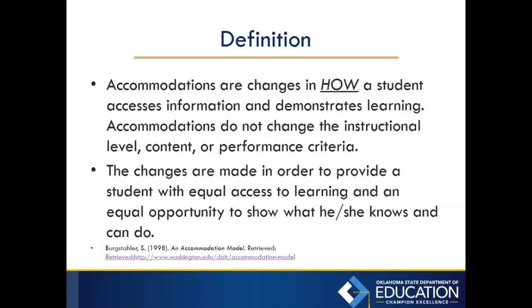It doesn't mean that I can't or I need help. It just means I need my eyeglasses to help me see the newspaper, where some of us do not. So it doesn't change the level. It doesn't change the content or performance criteria. It just means I need glasses to help me see what the newspaper is saying.